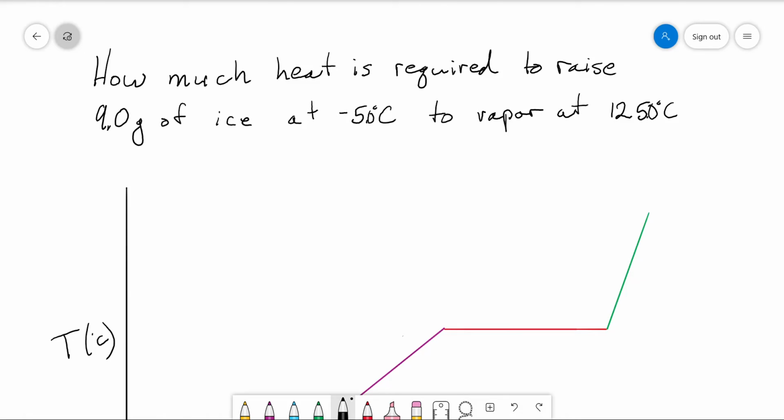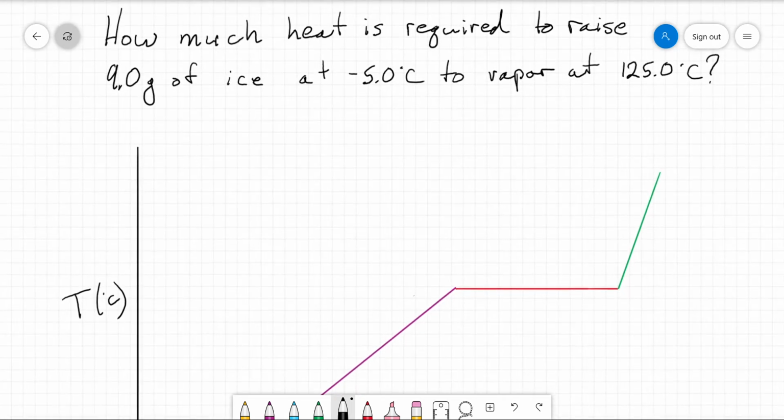Those should have had two sig figs, so let me fix those. So we're looking for the total heat to go from 9 grams of ice at -5 degrees Celsius to 125 degrees Celsius, where it's still 9 grams of vapor.